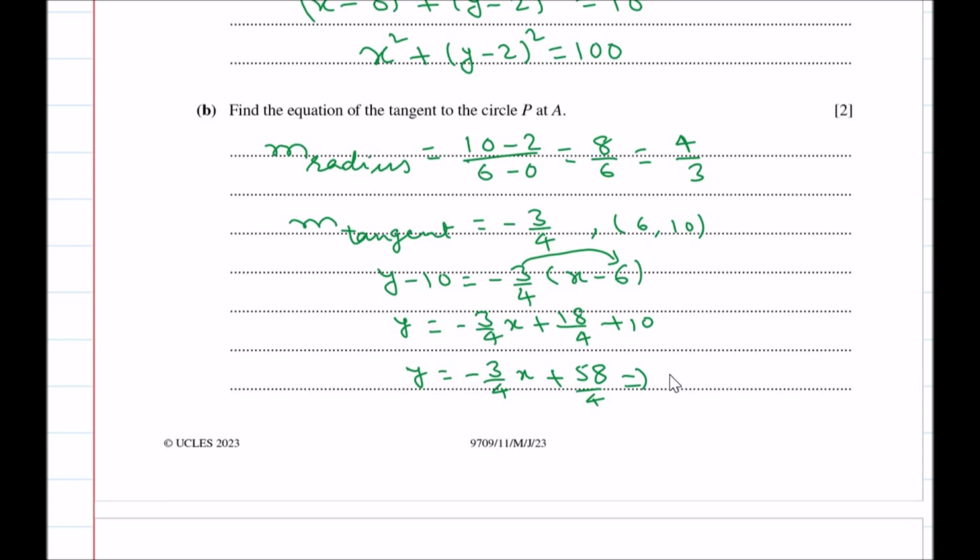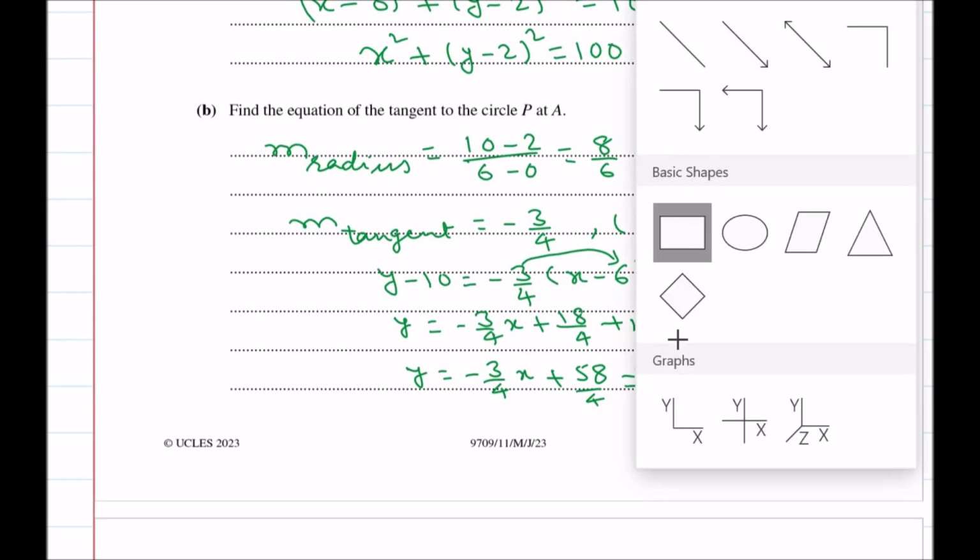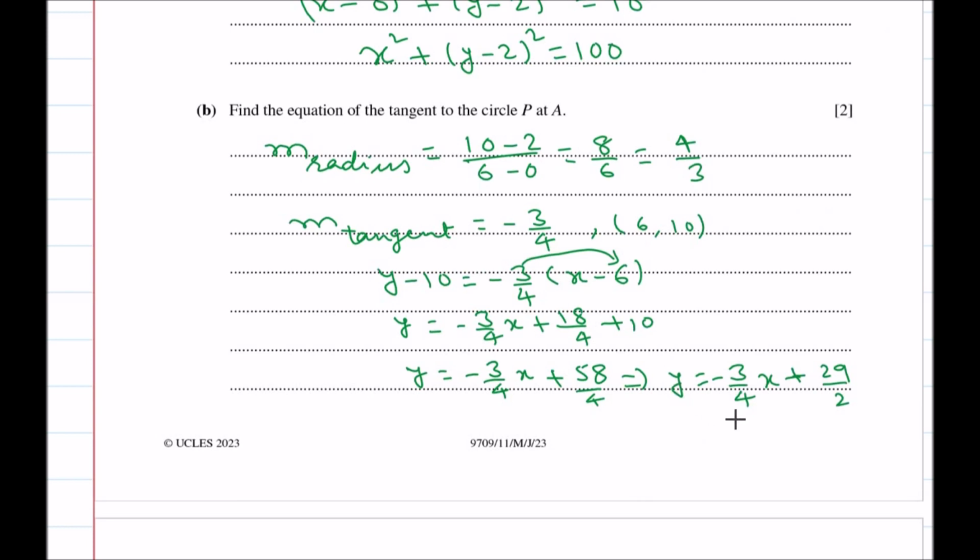And if we simplify this, we can get minus 3 by 4x plus 29 by 2. So this is the equation of the tangent. So let me put in the box. Okay, done.